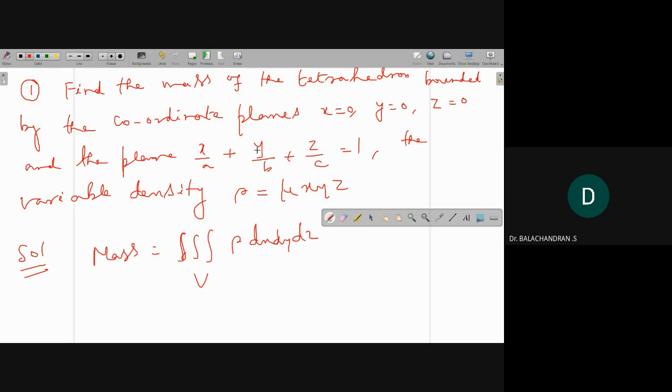Take this as capital X, this as capital Y, this as capital Z. Okay, and then proceed. The final answer for this problem is mu into a square b square c square divided by 720.